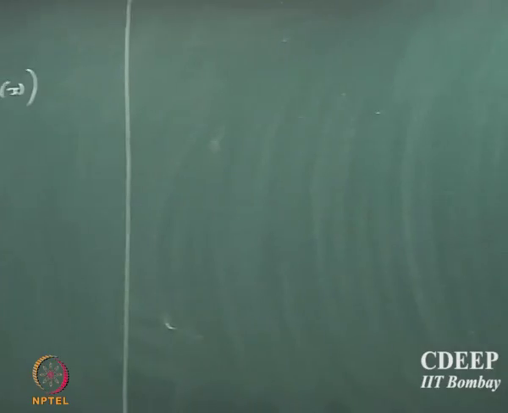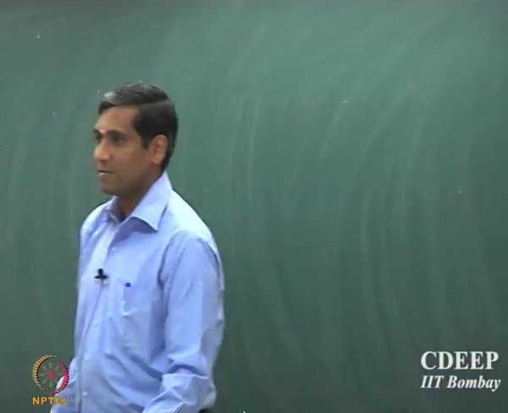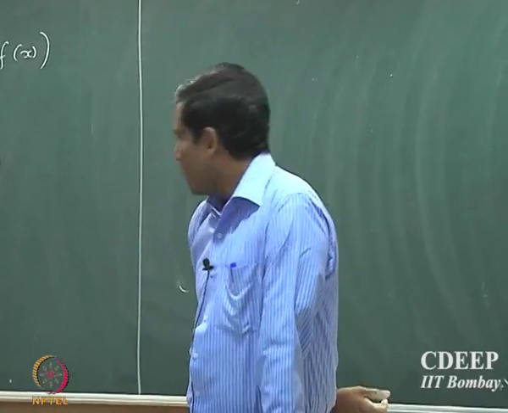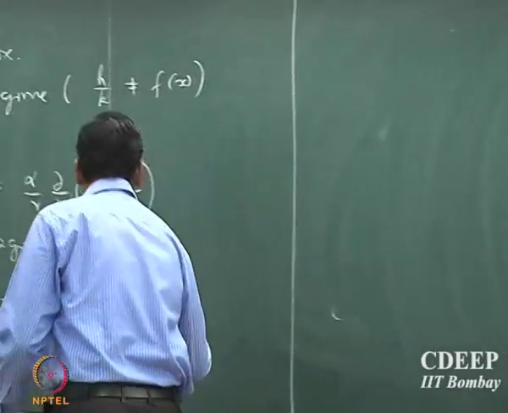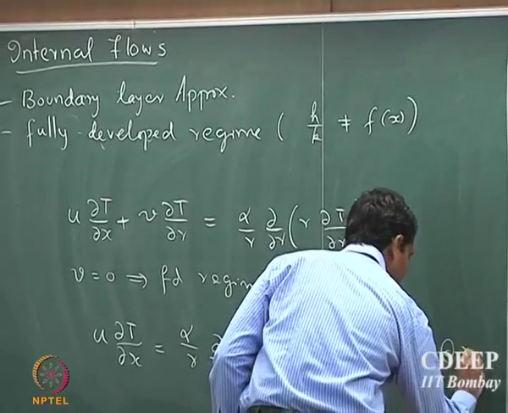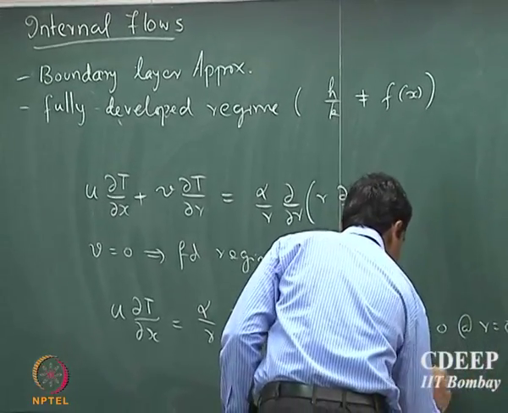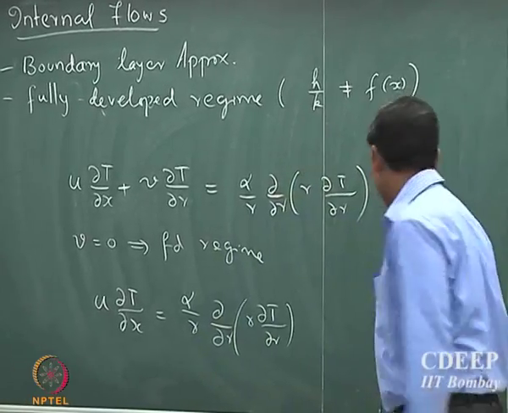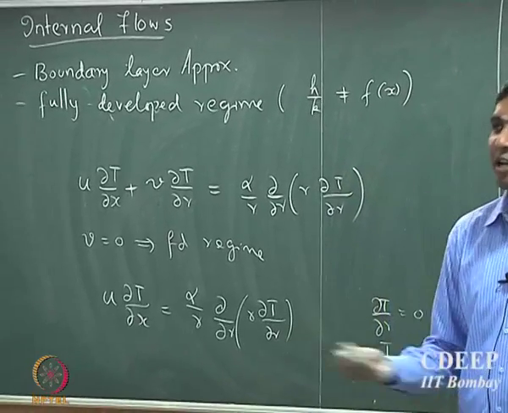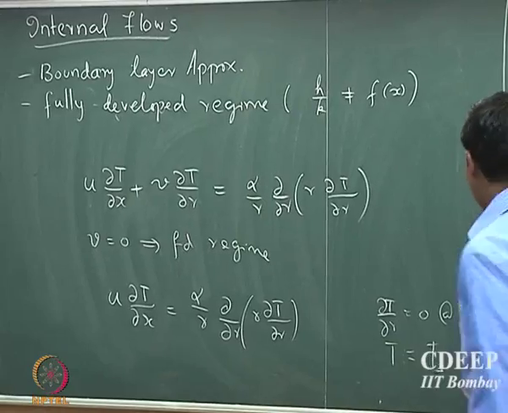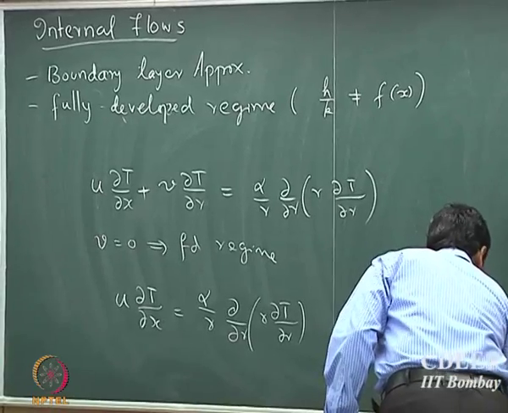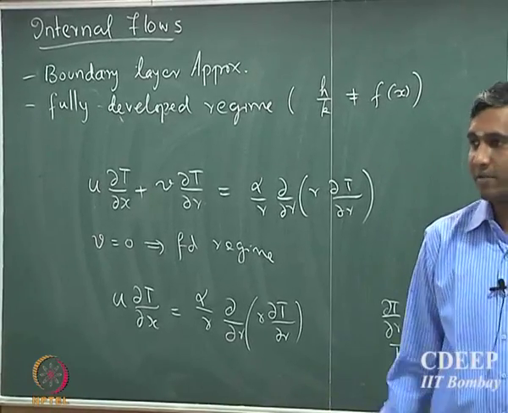So now, how do we solve this equation? Boundary conditions are easy. dT/dr is 0 at r equal to 0, and let us say it is not constant temperature but a general boundary condition, T equal to Ts of x at r equal to r naught.